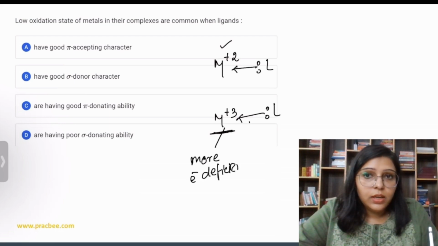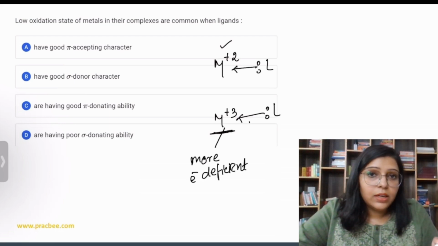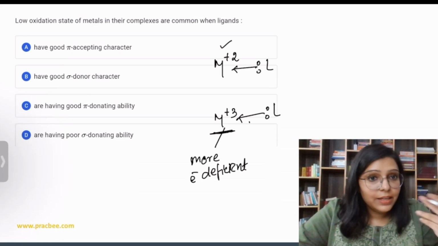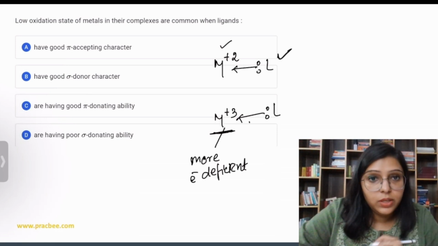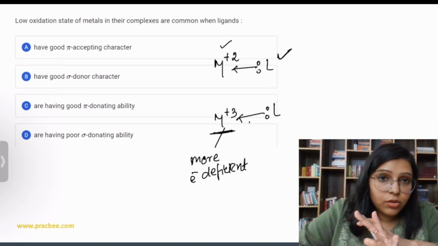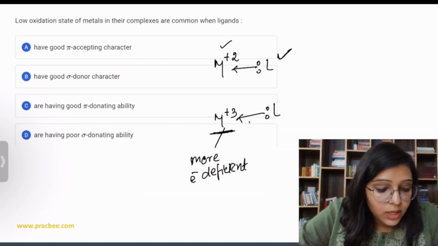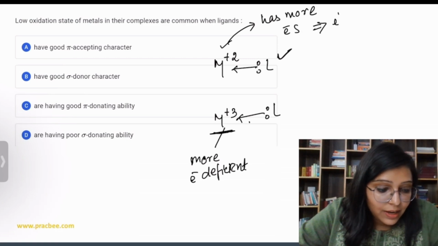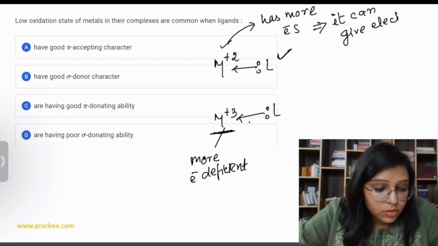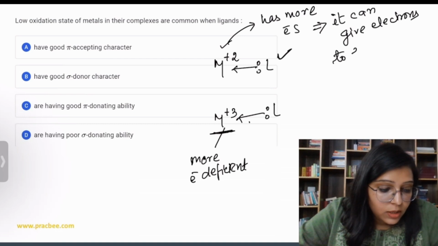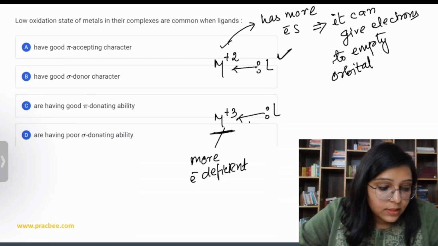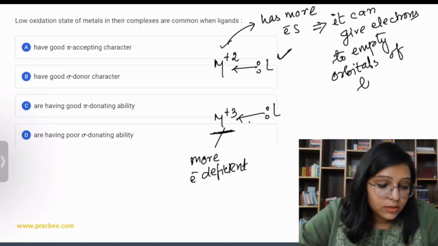The question says low oxidation state of metals in their complexes are common when ligands. So we have to discuss with respect to ligands. Ligands can give electrons to the metal. If it is M+2, it means it has more electrons, and then it can give electrons to the empty orbitals of ligands.